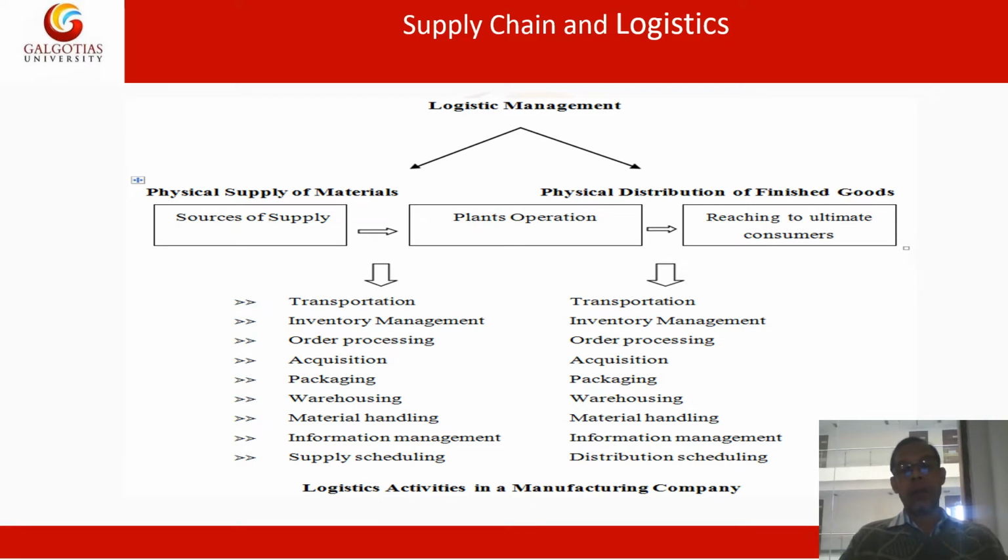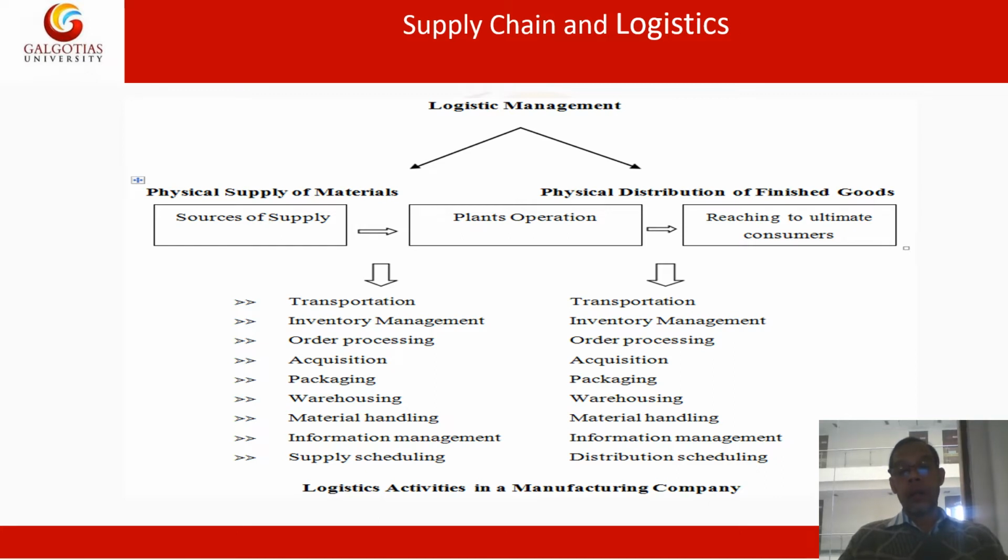All this is common between materials management and physical distribution. The difference is that the sourcing is to be done for the raw material and components, and scheduling of the supply is done. Supplier management has to be made.